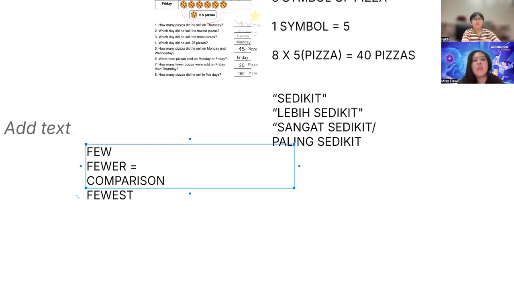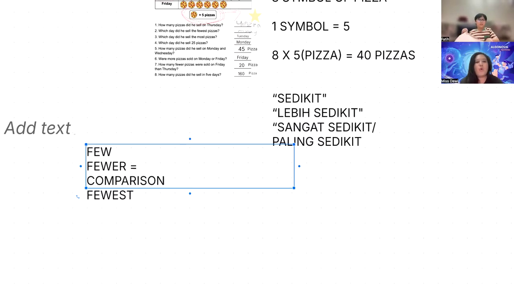For example, when your friend brings cookies, and his cookie is only one, and the others have 5, 10, 20, and so on, then you say the fewest to represent his cookie because that's a very small number. Okay, Fatih, so this is the least or smallest number.